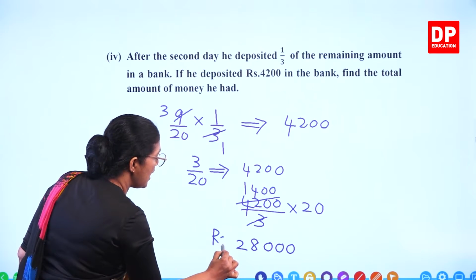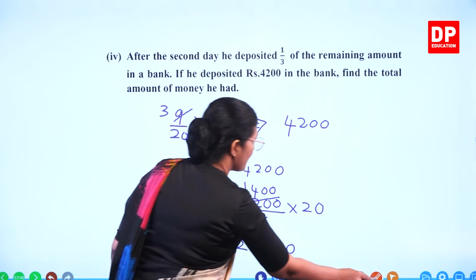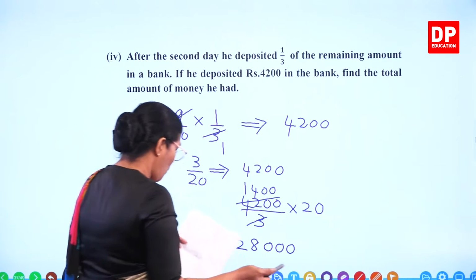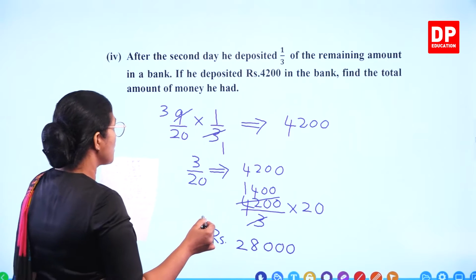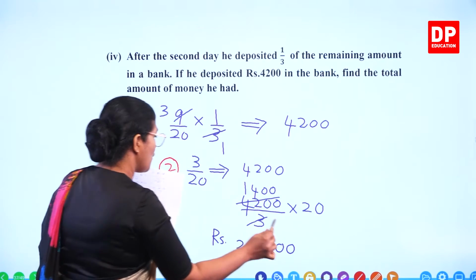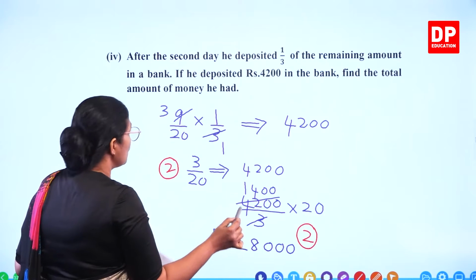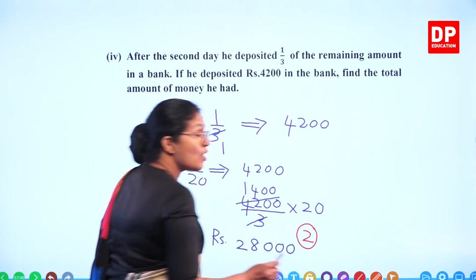So 28,000 rupees he had. So how many marks for this part? We can give 2 marks for finding the fraction and 2 marks for finding the value. So altogether we have given 10 marks for the first question.